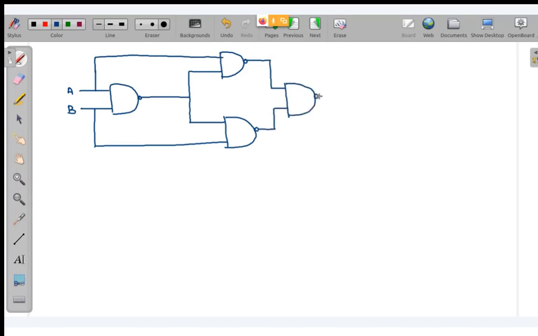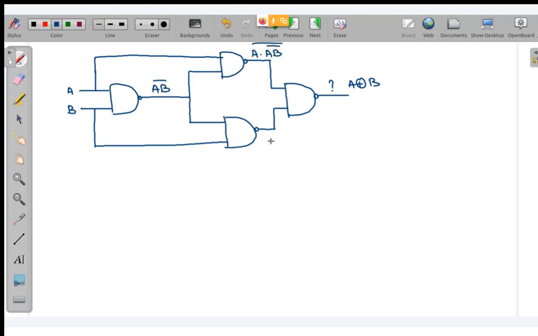Now calculate what will be this. Calculate. So obviously this is coming to be A XOR B. So this will be your over here AB whole complement. This will be A dot AB whole complement.